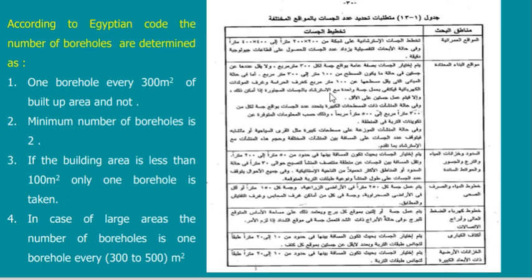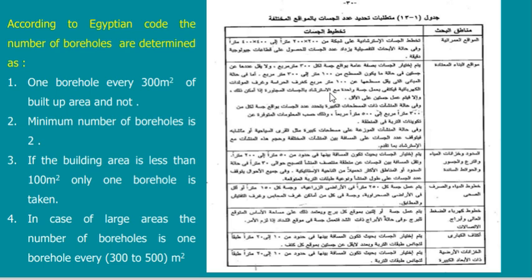But in this case you do it below buildings or below the area that is located for a building. So in this area, say, is 1,000. I am going to build this 1,000 meter. How many boreholes do I need? 1,000 divided by 300, then it is 3 point something. So either I do 3 boreholes or I do 4 boreholes.